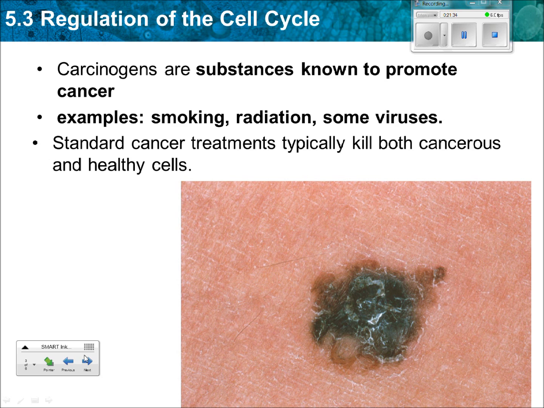Smoking, radiation. Radiation like this could be just from the sun, like this skin cancer in this picture here. It's melanoma, and it is a deadly cancer. There are some skin cancers that aren't as bad as this one, thankfully. And then there are some viruses. You guys should be getting the HPV virus, right?